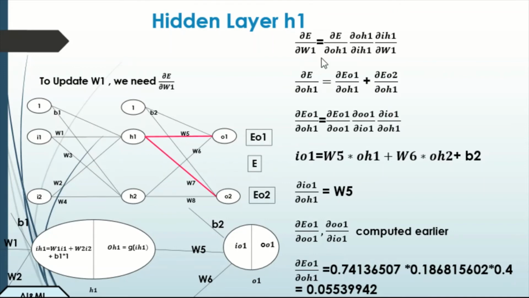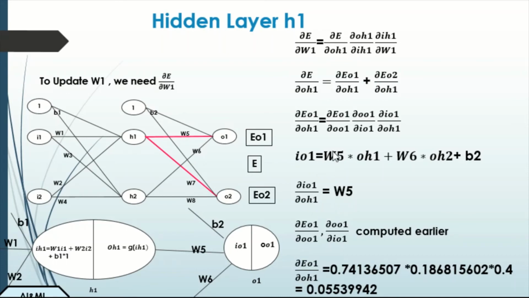So for the first term, we will again apply the chain rule where we will look at derivative of EO1 with respect to OO1, and then derivative of OO1 with respect to IO1, and then derivative of IO1 with respect to OH1. So considering IO1 is a function of W5 OH1 plus W6 OH2 plus bias term, we take a derivative of IO1 with respect to OH1, we simply get W5.